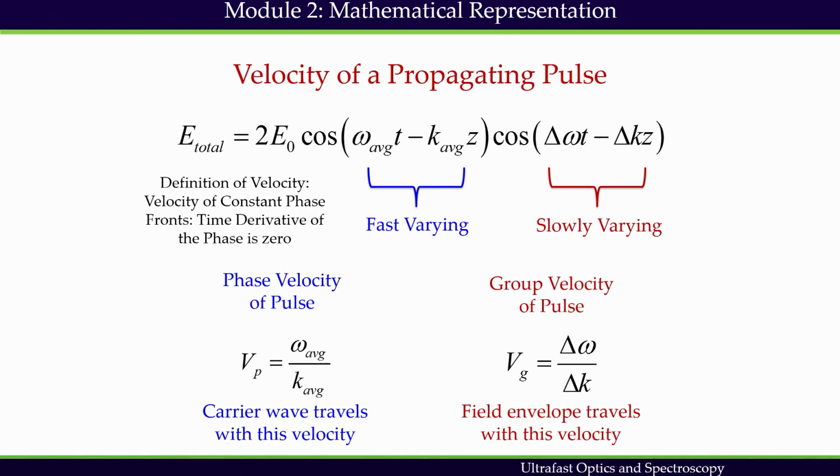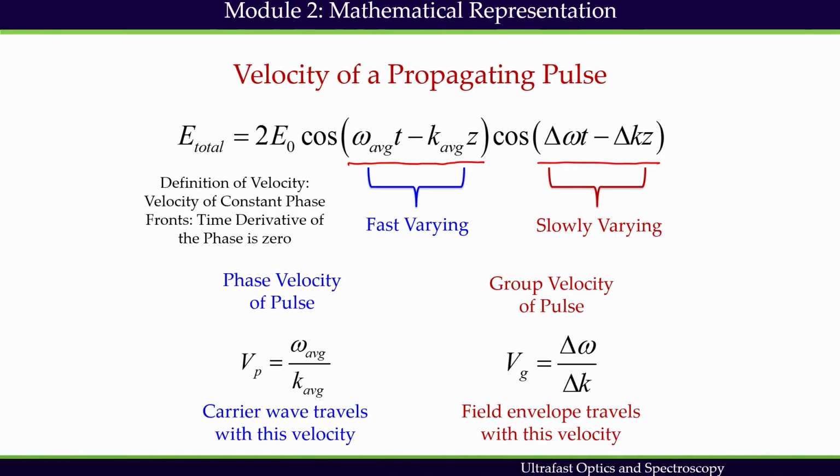To find an answer, we will re-examine the equation obtained from interference of two plane waves of dissimilar frequency components propagating along the same direction. The first component, which is omega average t minus k average z, is the fast varying component, and the second component, delta omega t minus delta k z, is the slowly varying component.